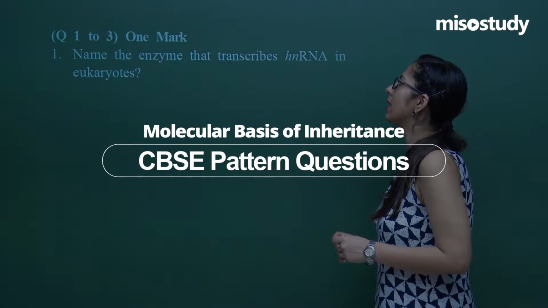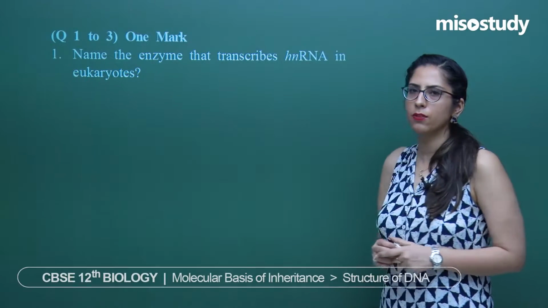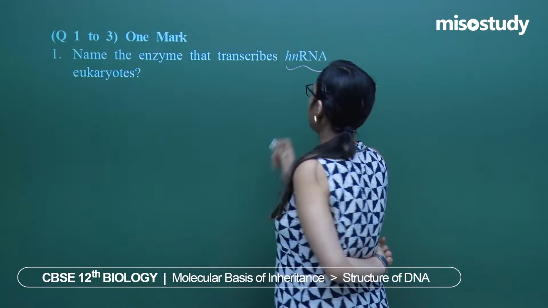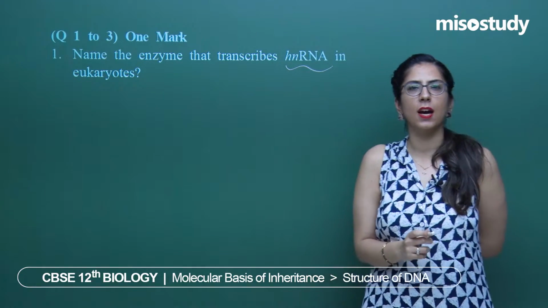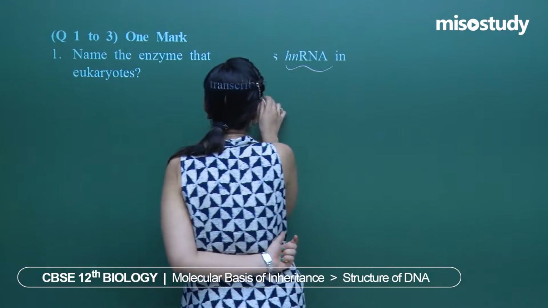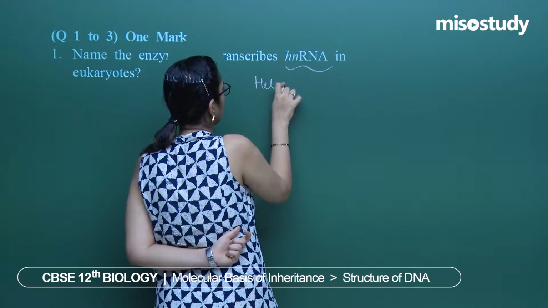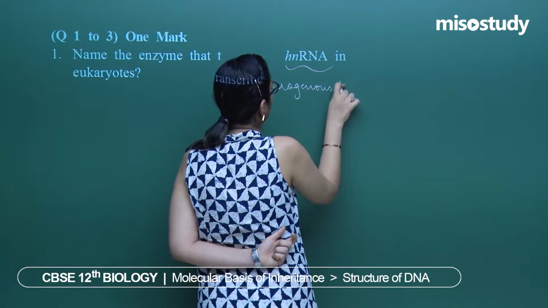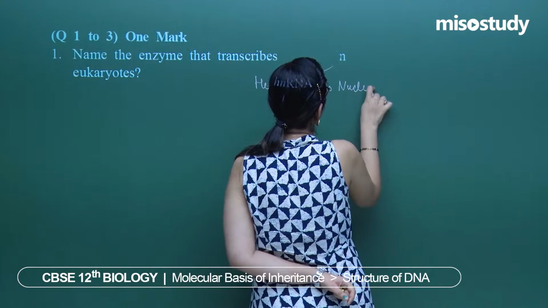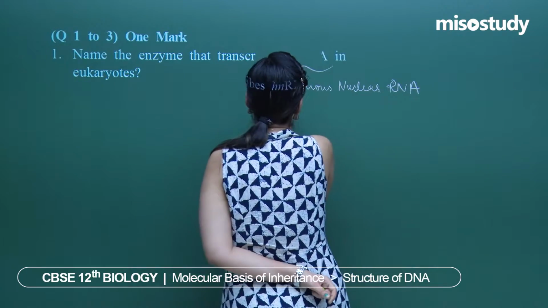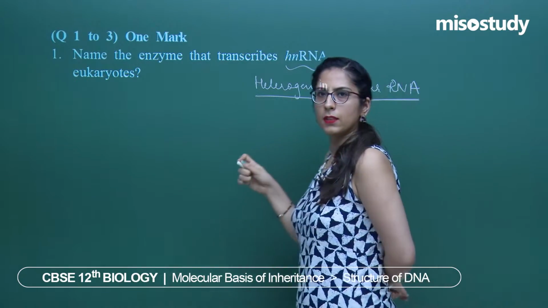Name the enzyme that transcribes hnRNA in case of eukaryote. Now, first of all, tell me the full form of this hnRNA. hnRNA is a heterogeneous nuclear RNA. And what is the full form of RNA? That is a ribonucleic acid, right?